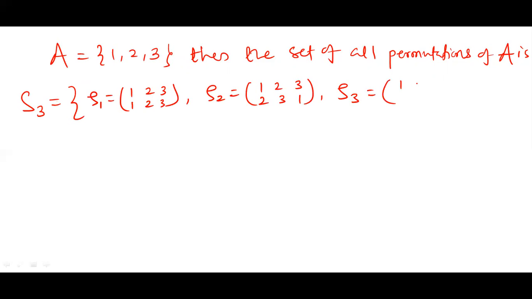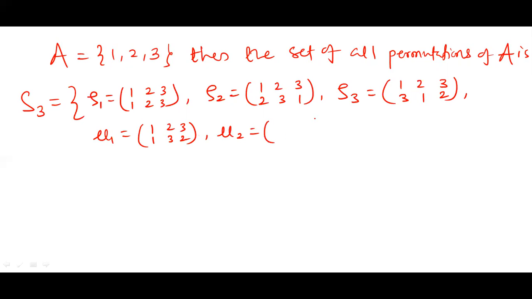Rho 3, permutation in which 1 maps to 3, 2 maps to 1, and 3 maps to 2. Mu 1 is equal to a permutation in which 1 maps to 1, 2 maps to 3, 3 maps to 2.